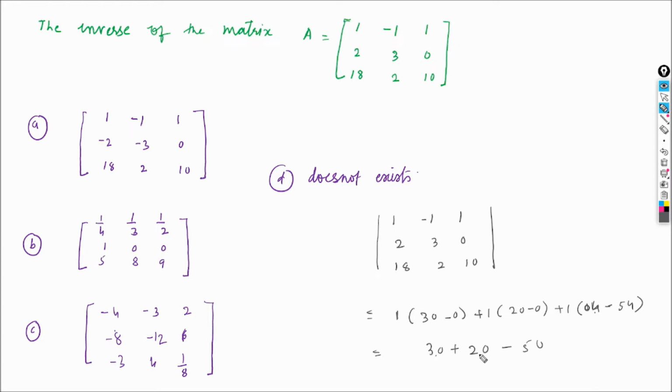So 30 plus 20 is 50, and 50 minus 50 is equal to 0. So the determinant is equal to 0. This implies the given matrix does not have an inverse, or the inverse of the given matrix doesn't exist.